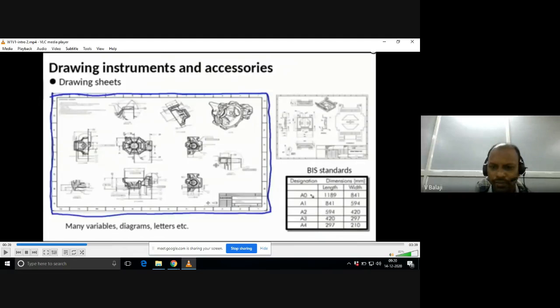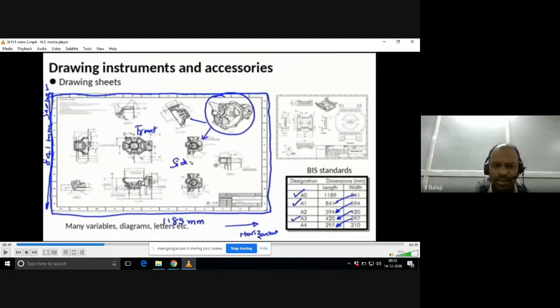Now, see, I can show you here. For example, if you see A naught size, the length from here to here, 1189 millimeter horizontal length. Okay, 1189. What about this 841? This is the width of the drawing sheet. Okay, that is the vertical length I have shown you, 841 millimeters.